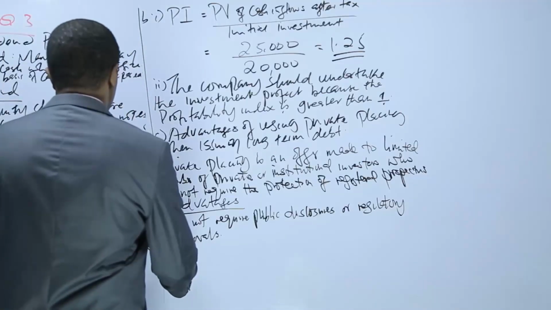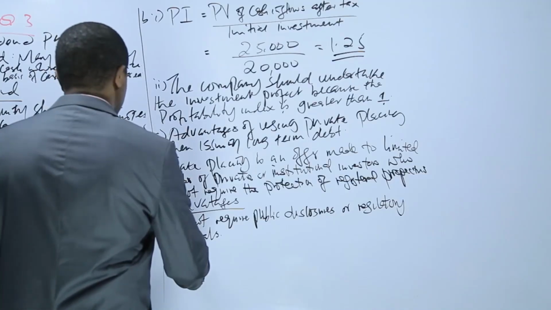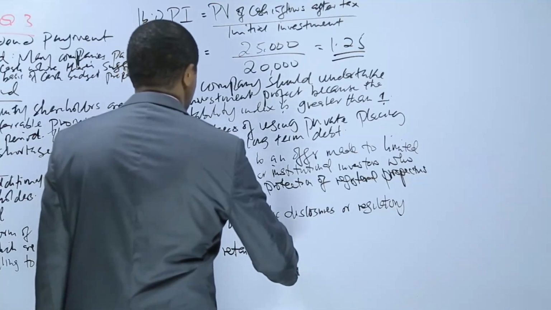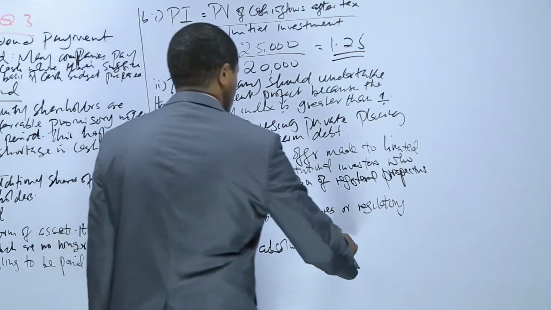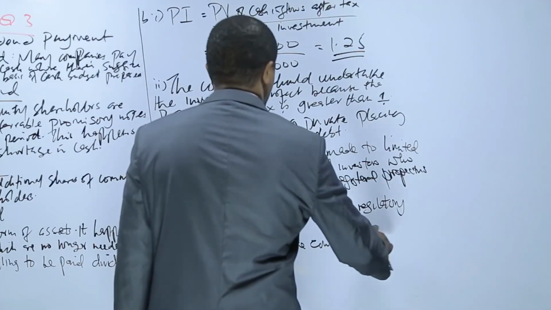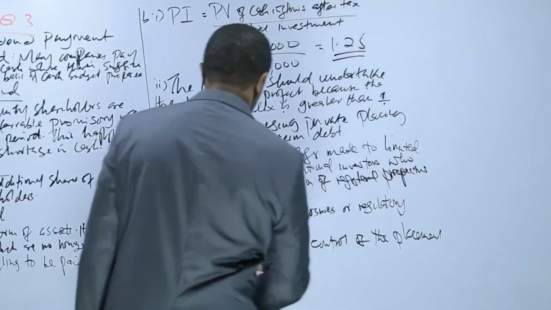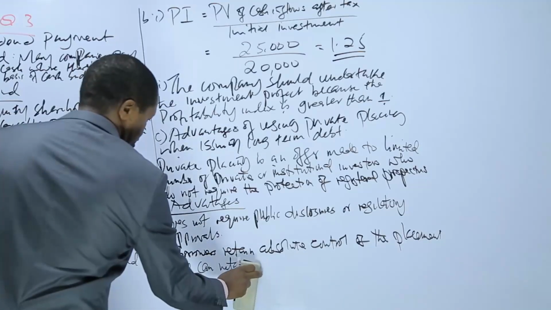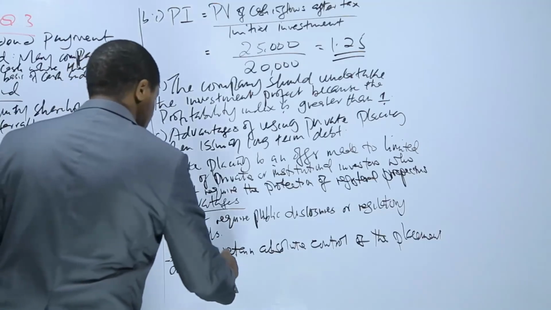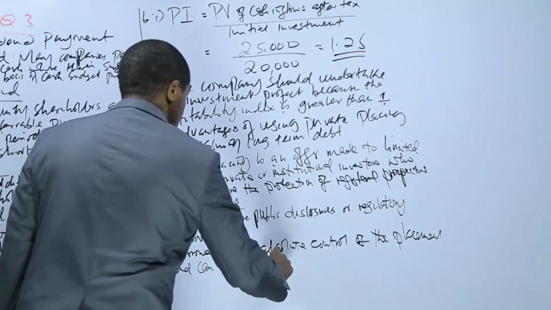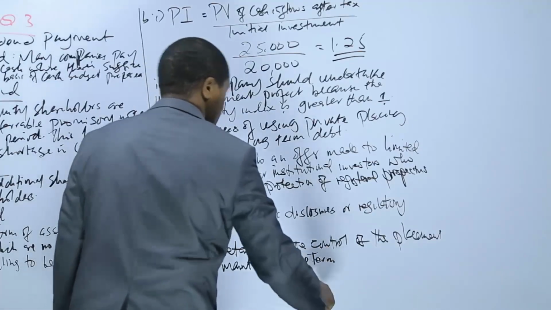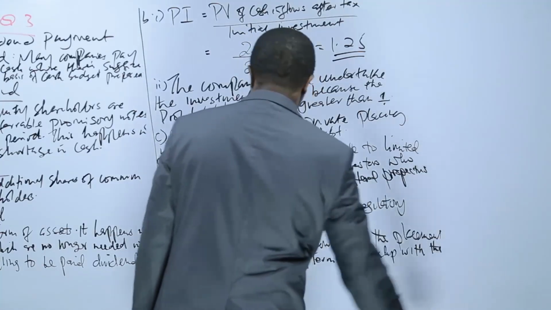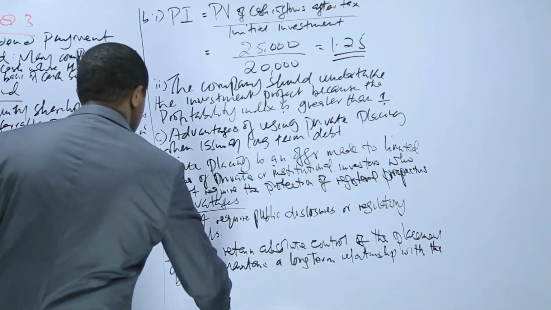Then number two, borrowers retain absolute control of the placement and can maintain a long-term relationship with the bondholders.